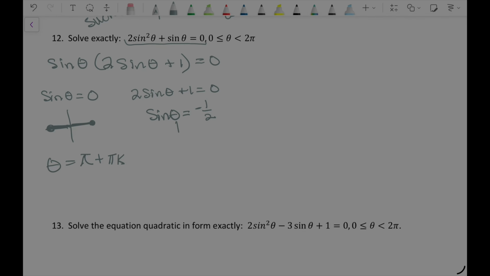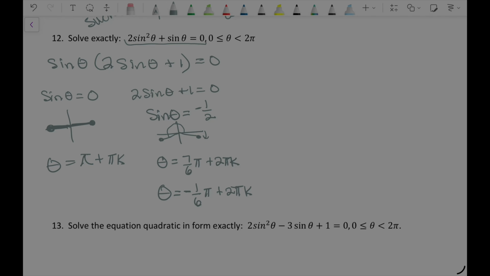Well, when does that happen? That happens here and here. When theta is 7/6 pi plus every full cycle later, and we could say negative 1/6 pi plus every full cycle later.